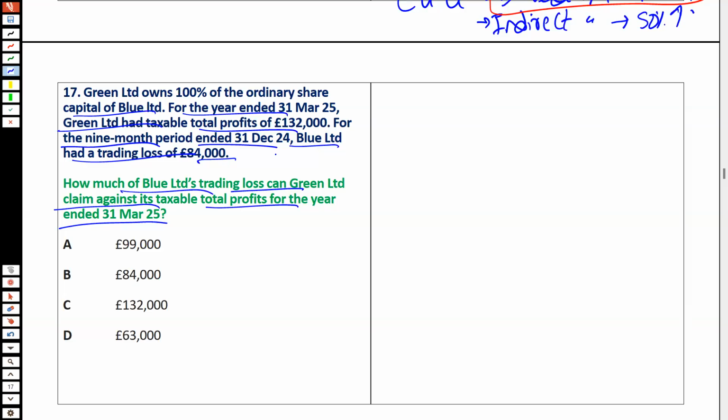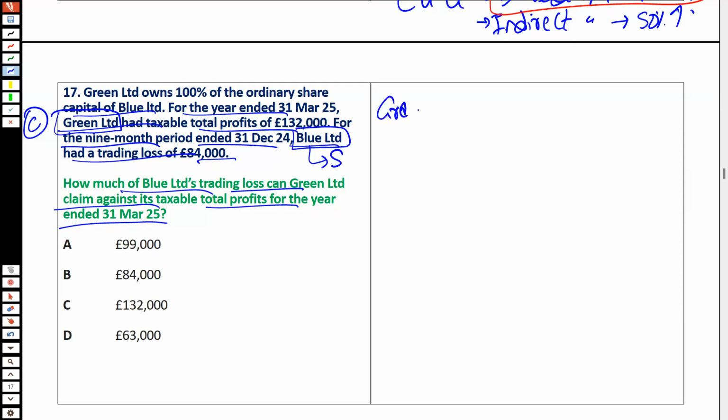So if I look over here, Green Limited is the claimant company and Blue Limited is the surrender company, right?